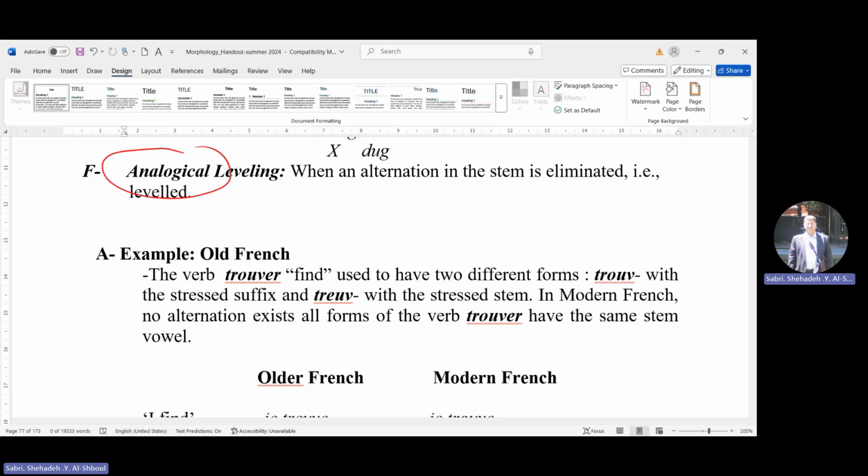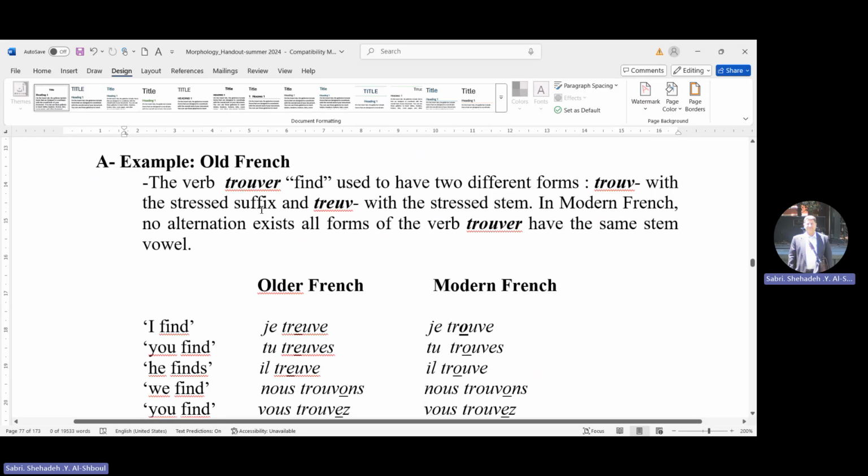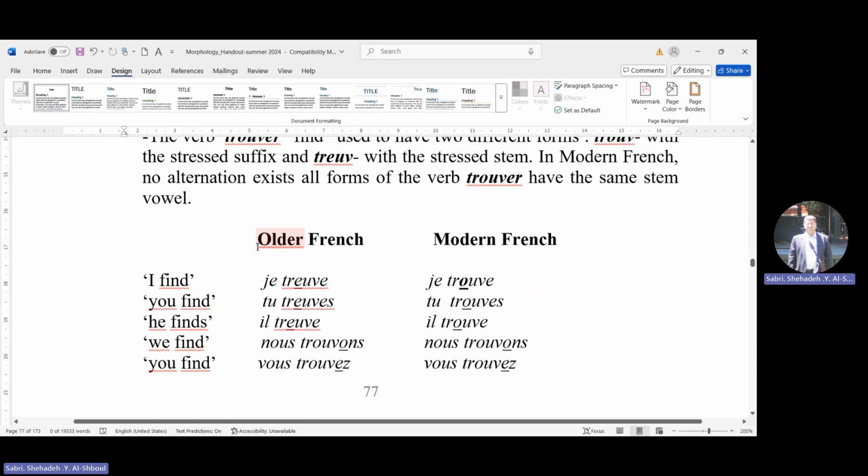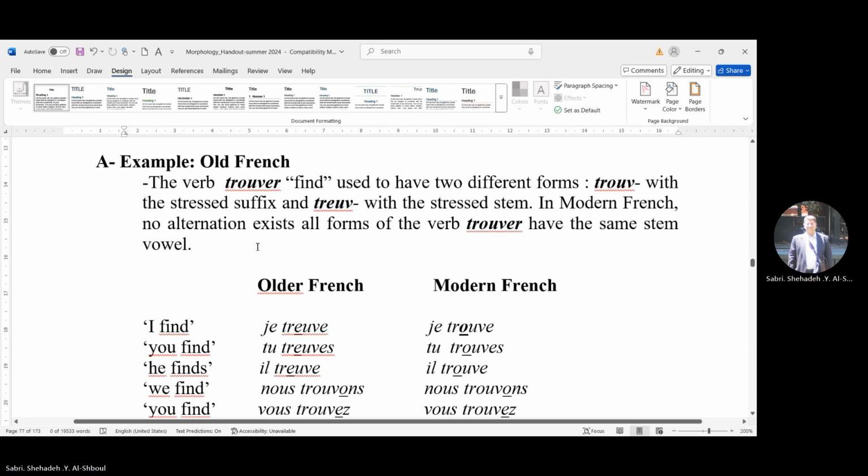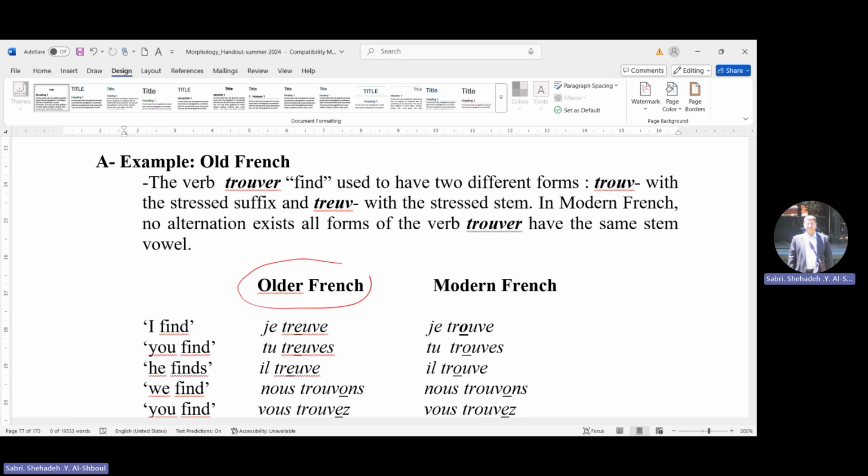Let's see the example here from French. As we know, French came from Latin. We look into this data, a comparison between Old French and Modern French in terms of the verb find.